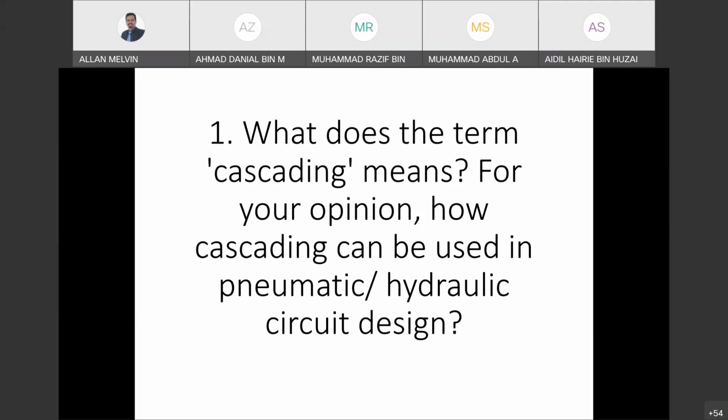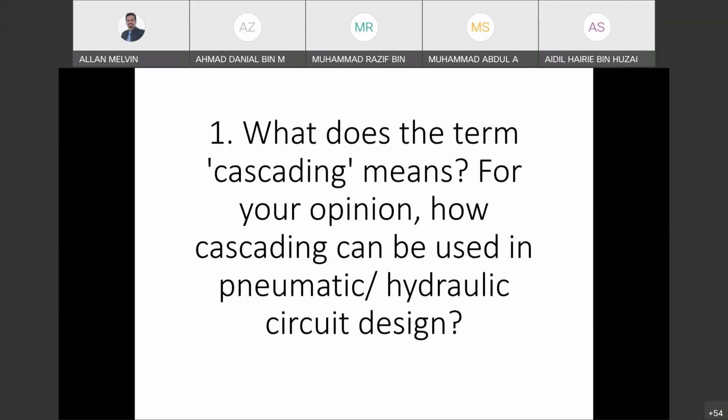Most likely a design question will come out. It can be the classical method, cascading or step counter, as well as theory questions. Normally it will be a combination, so you need to know how to answer.